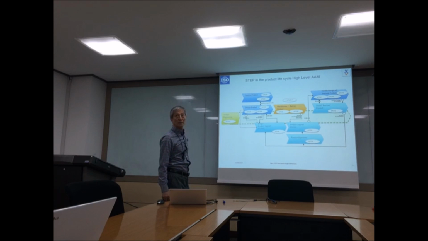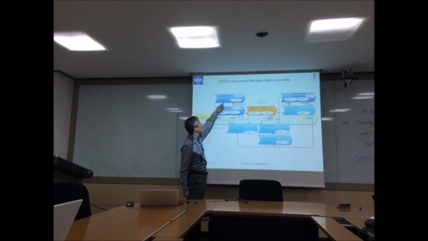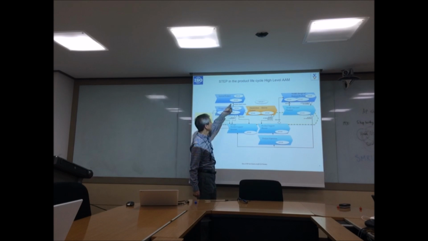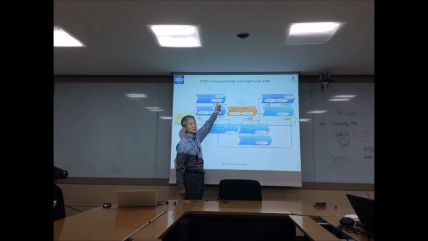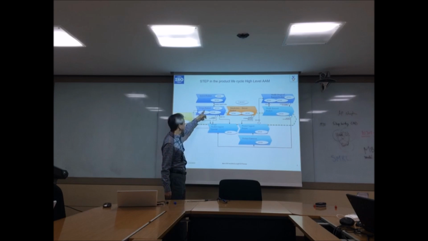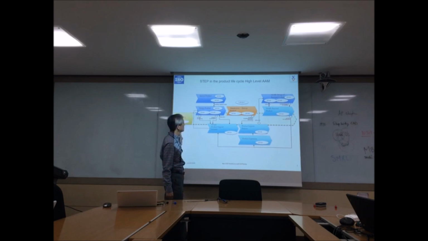So life cycle, high level. Okay. So this shows many groupings, if you want to see this kind of thing. Analysis of product is AP210 for electronics, AP209 for finite element meshes. And design of product is 210 again, 219 also, and 242 is the new part.